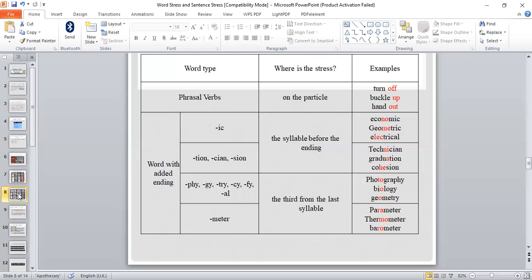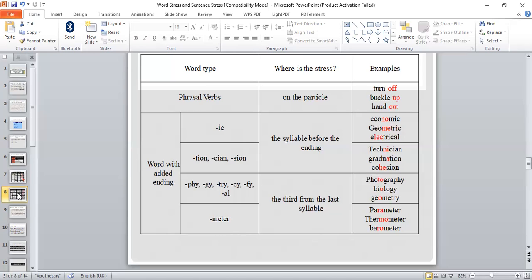If you have three-syllabic words, it means you will be on the penultimate syllable. That is what you call the second to the last. In the word economic, you realize that the third syllable there is stressed.